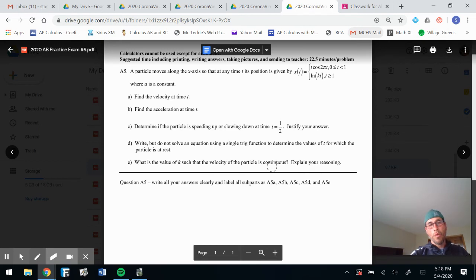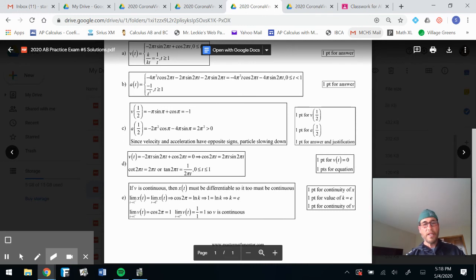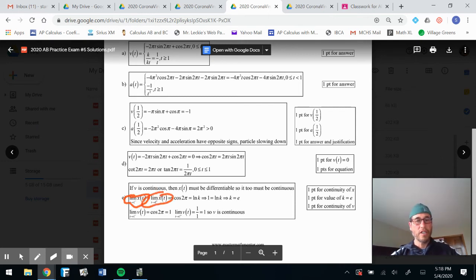And then part E, what is the value of k such that the velocity of the particle is continuous? Well, we all know for continuous, that would be the limit as we approach from the left and from the right. So you have to make sure you have all that: one from the left, one from the right, which would have to equal the function value.